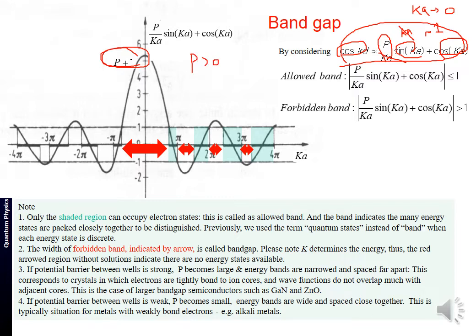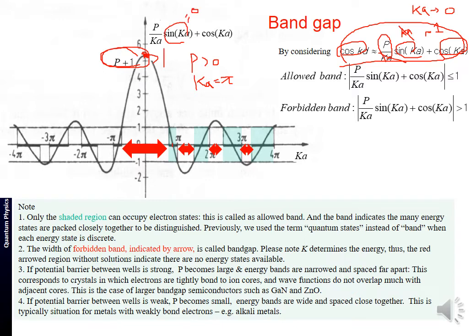So what does it mean? P plus 1 is larger than 1. So the right hand side starts from a value larger than 1. And there are sine and cosine functions. We know that when large Ka is pi, the sine function goes to 0, right?